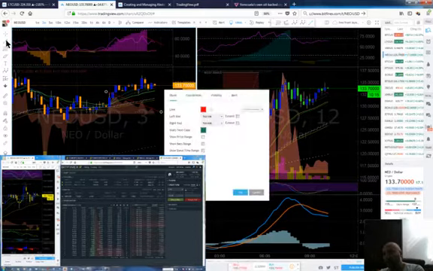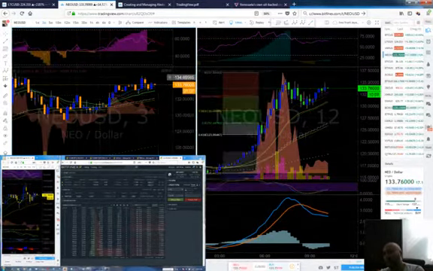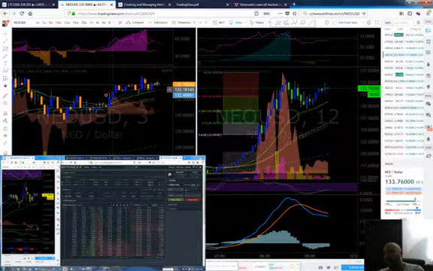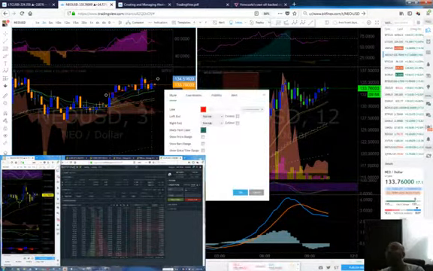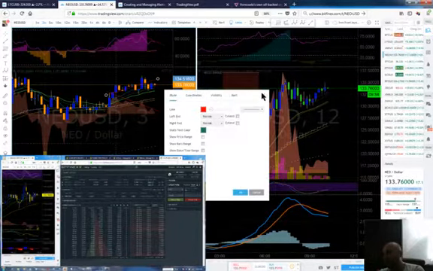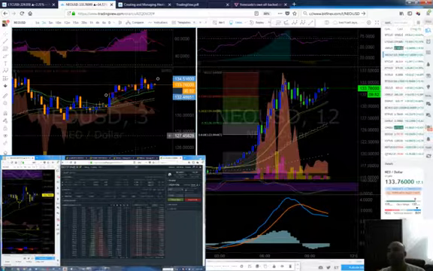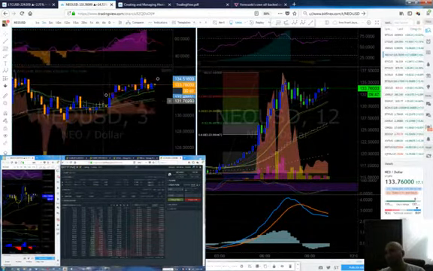And the price, for crying out loud, the price is going up. So what does that mean? It means that it will drop at some point.